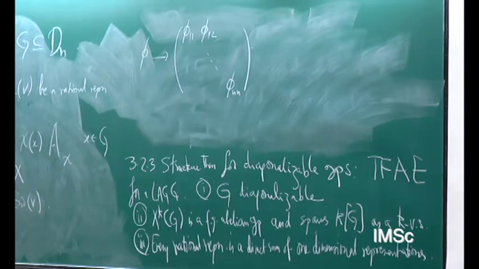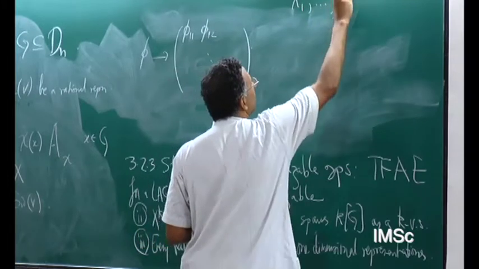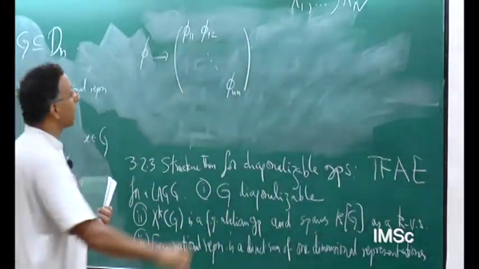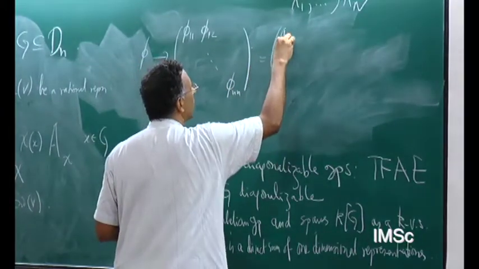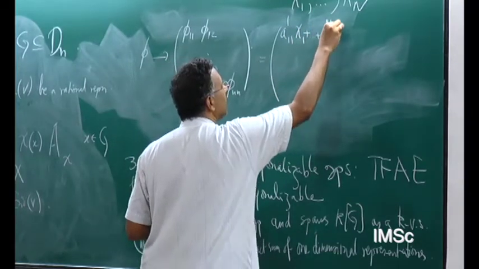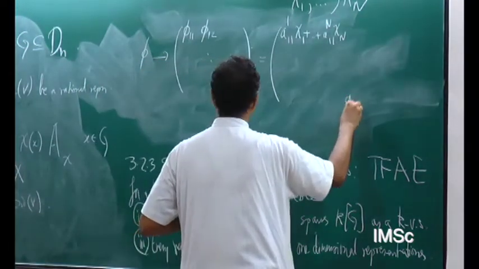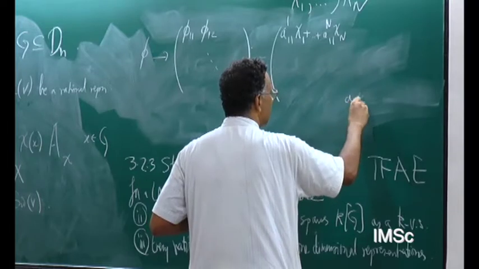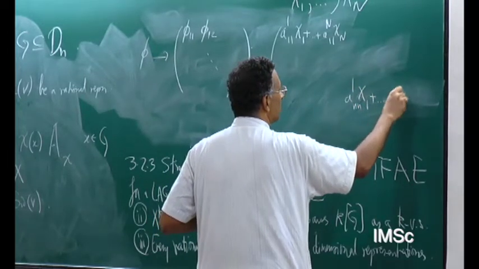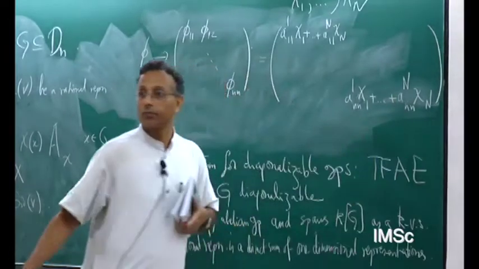And so if those characters are, let's say, chi 1 up to chi n, then I know that phi 11 is equal to a 11 1 chi 1 plus up to a 11 n chi n, where the notation is clear now, where I am expressing phi 11 as a 11 1 chi 1 plus so on, and then the general term will be a nn 1 chi 1 plus up to a nn n chi n.